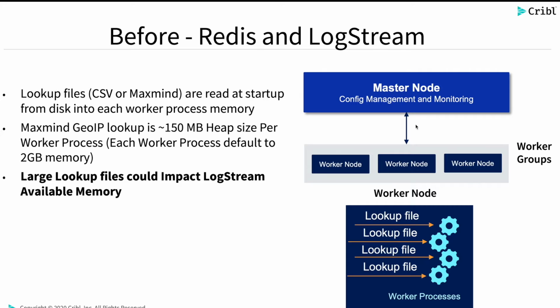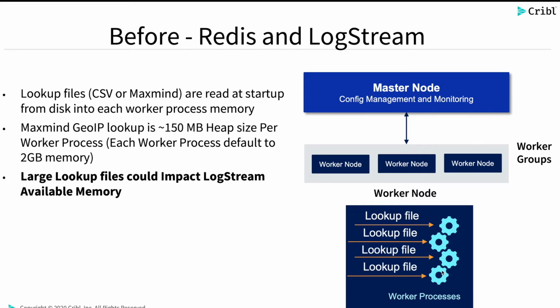As you know, in LogStream we have the master node, and then the master node relies on the worker nodes to do the work itself. But within the worker nodes, we have the concept called a worker process.